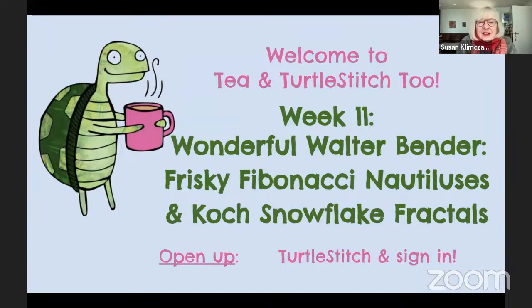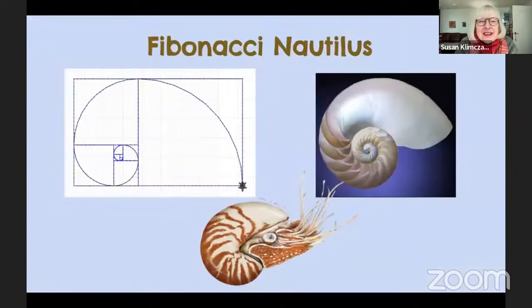Okay, so I prepared a little slideshow, especially for teachers, about the Fibonacci nautiluses, and things that you might want to explore alongside coding them with your students. The Fibonacci nautilus, and this is what we're going to be making today, is called a nautilus because it looks like a nautilus shell.